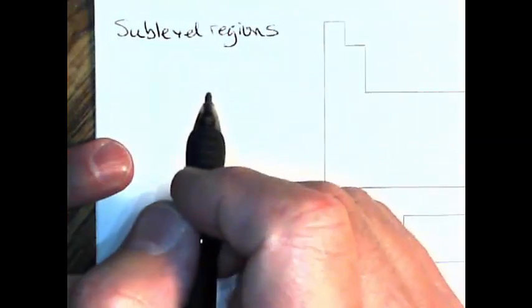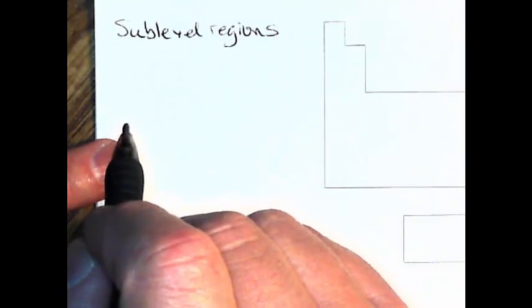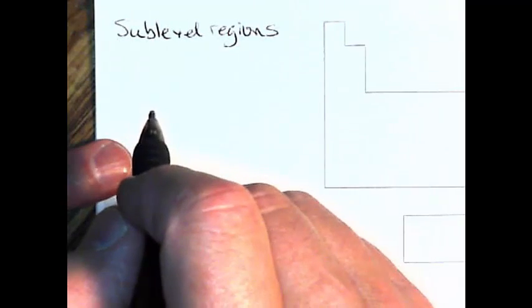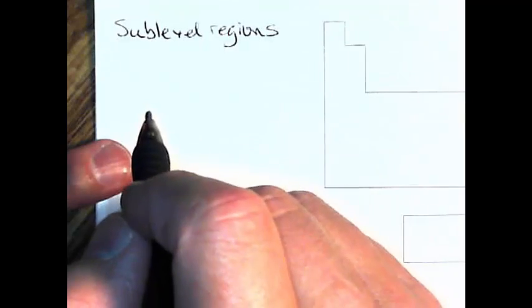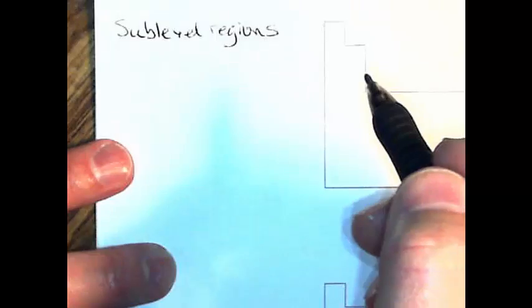So by region, what we mean is that these are where elements are found whose electrons in the valence level, or in those levels immediately preceding or during when we're figuring out the valence level, are found.